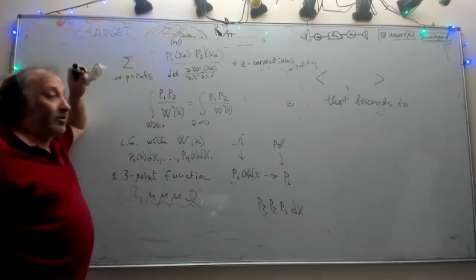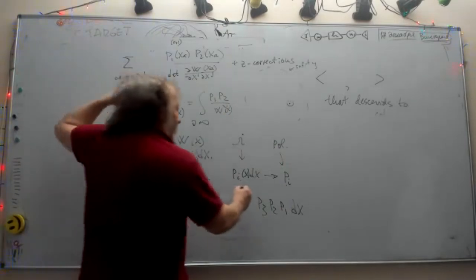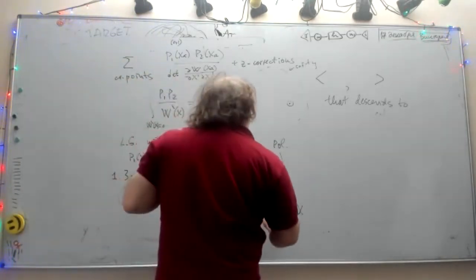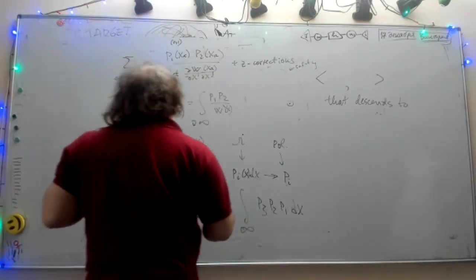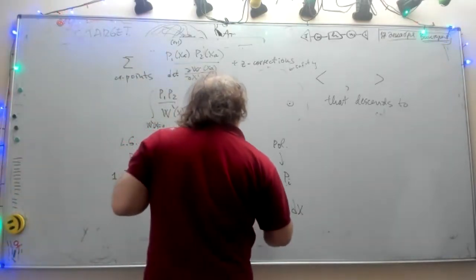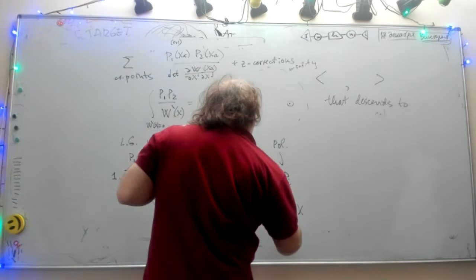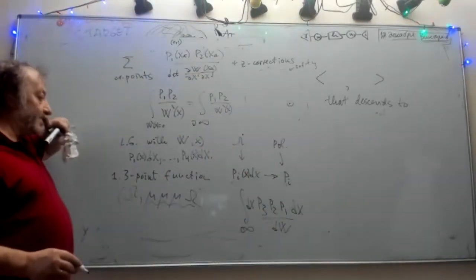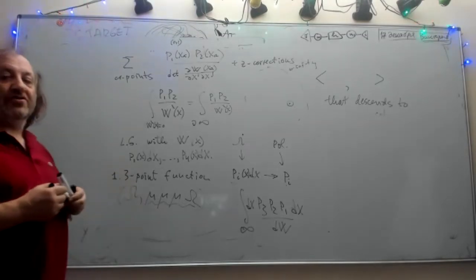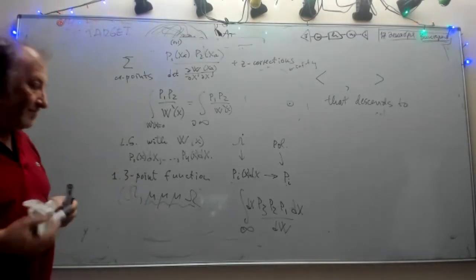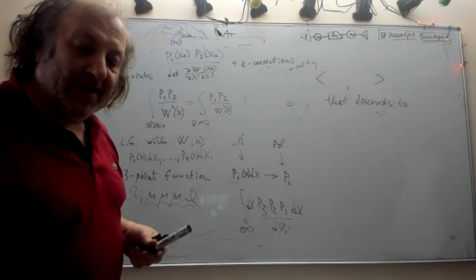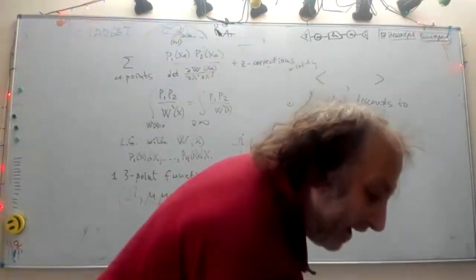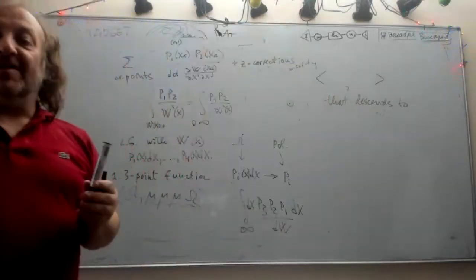Now we know what to put here. So this is a 3-point function. Now, let me tell you the puzzle and the solution immediately.